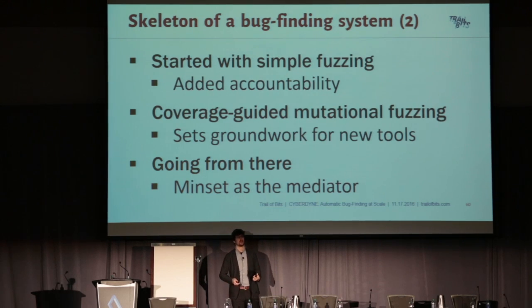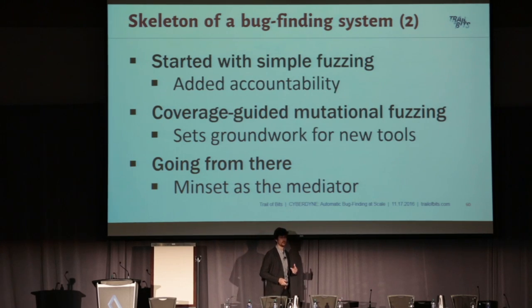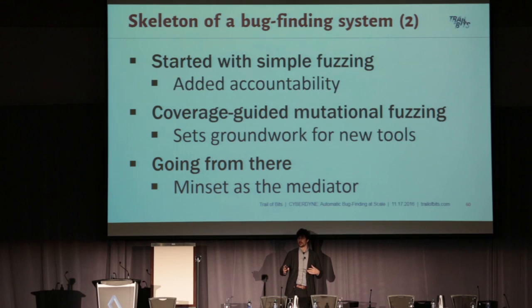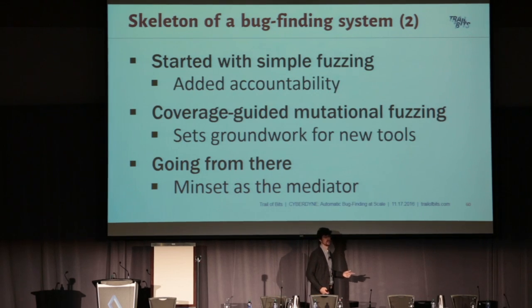So we tried to find a way to sort of make these systems accountable. We tried to find a way of measuring progress, and we used sort of the industry standard code coverage metric. There's lots of ways of measuring code coverage. There's lots of different metrics that we can use, but we've now got a way of measuring progress.